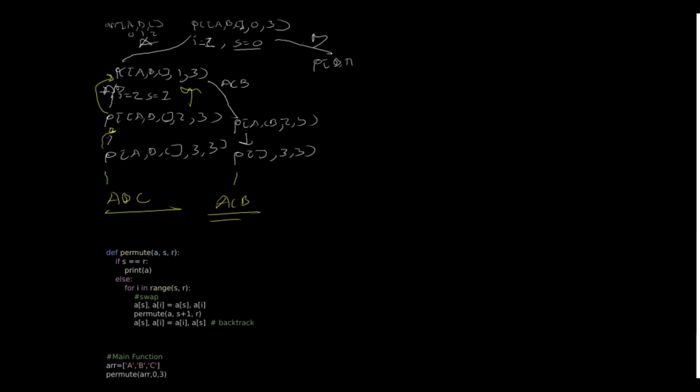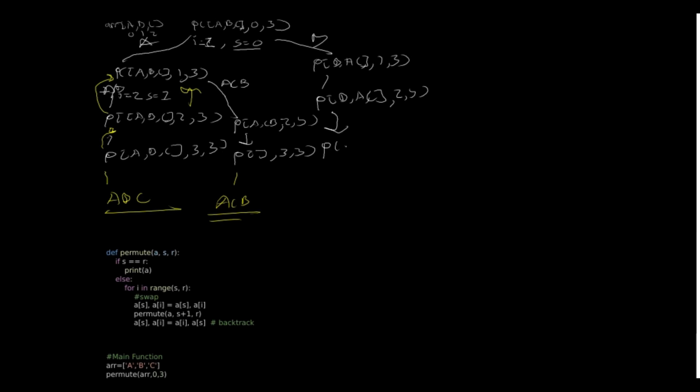So we do P of B, A, C, and we go 1, 3. Okay, B, A, C, and we go 2, 3.